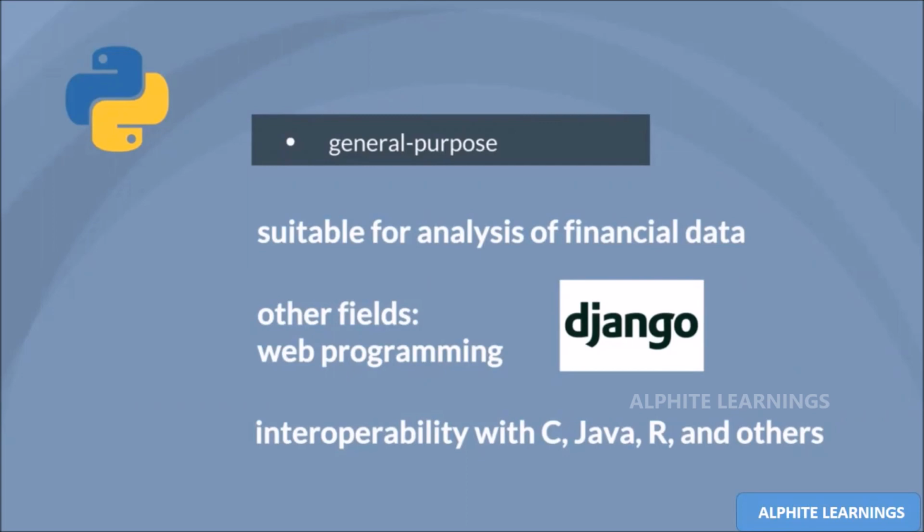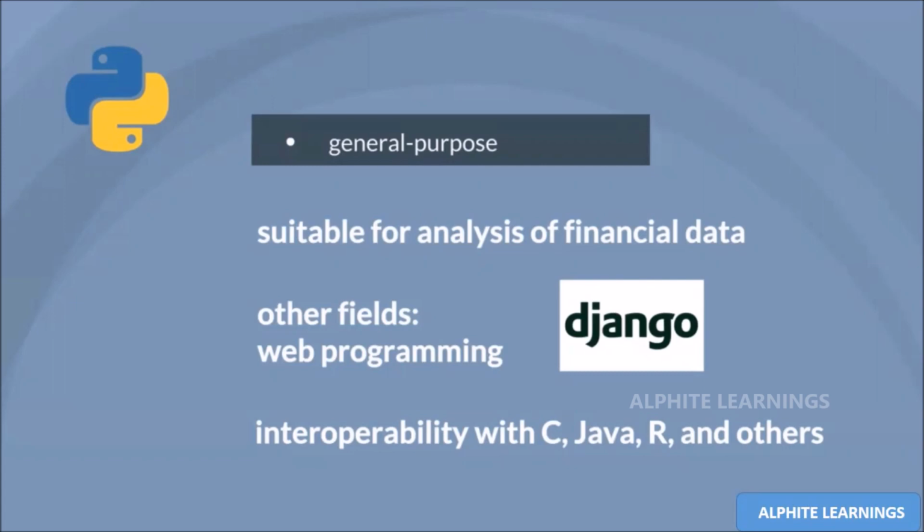The second thing is general purpose. As I said, it's not limited to a particular domain. It is widely used in all domains across the world, starting from finance, data, and analysis, to web development, web programming, website development, or online software development, anything.